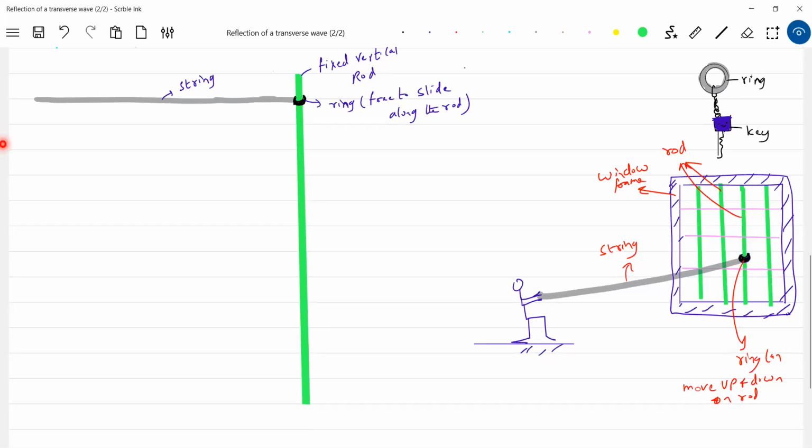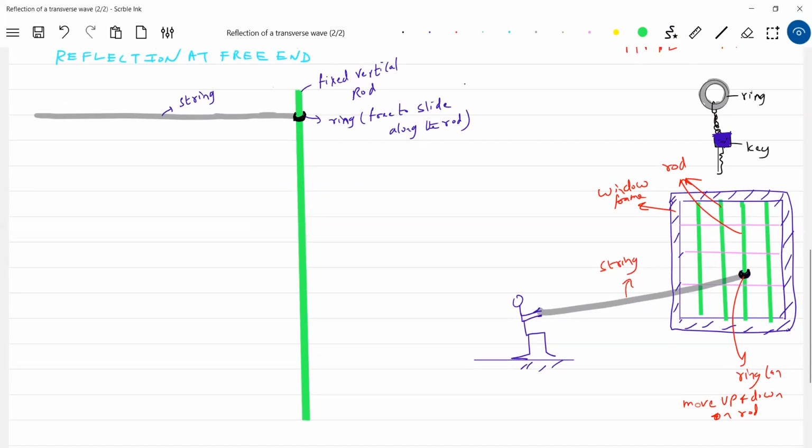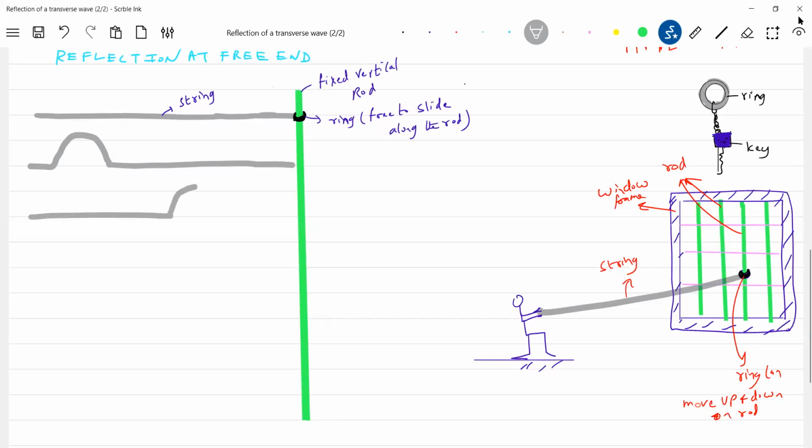Let's see what will happen. So now the wave will arrive here. I'll give a jerk. Finally, the pulse will arrive at the free end.